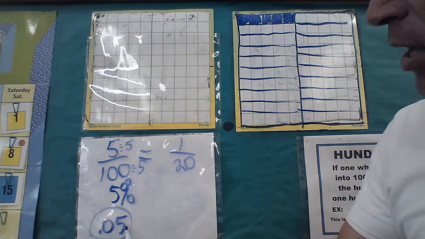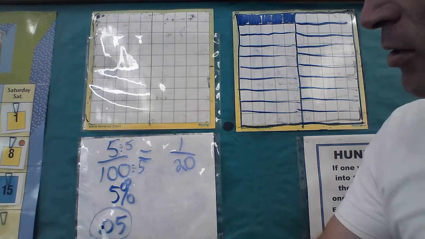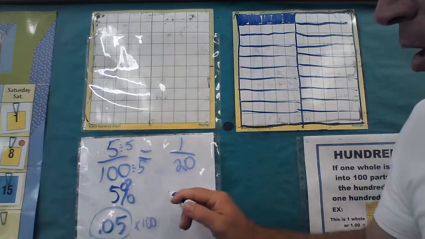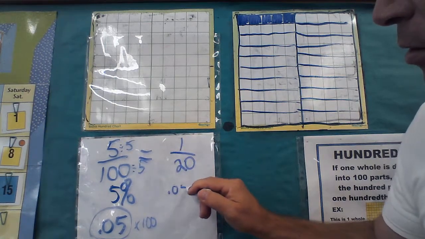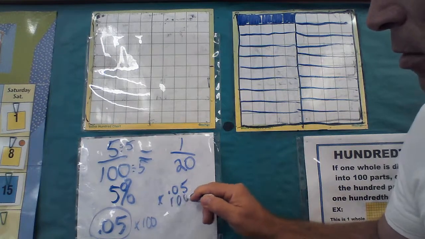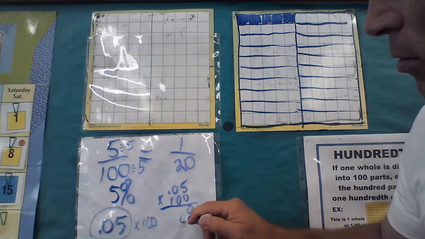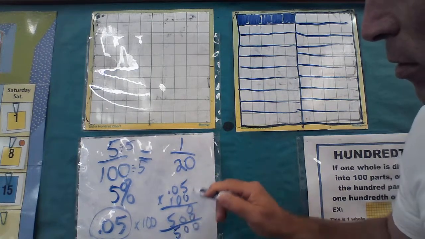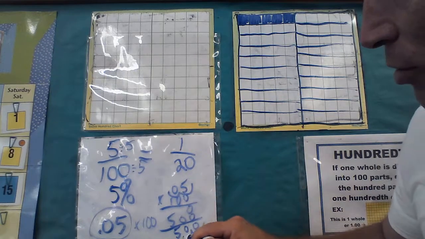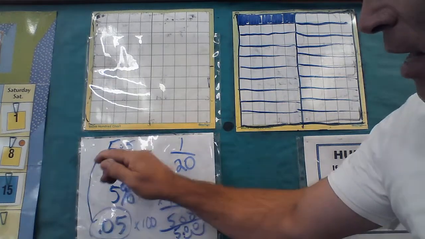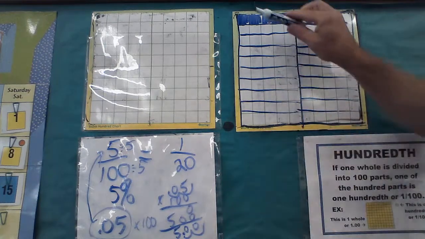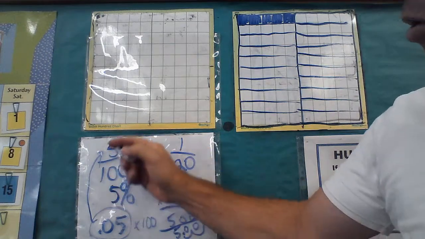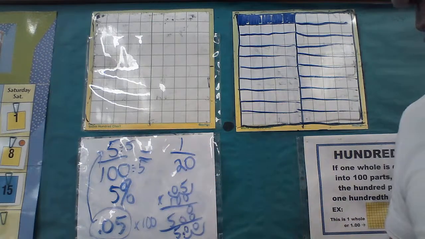If I multiply 100 times 5 hundredths, I get... wow, I get 5. And so by dividing by the wholes, we can see the correlation between fractions, decimals, and percents.